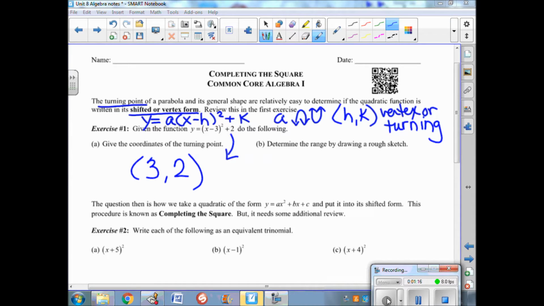Or in other words, from the parent function, our parabola is going to be shifted to the right 3 and up 2. So this serves a couple of purposes. That's our turning point or our vertex, depending on the terminology that you use. We also talked about that number there, the x value, is also the axis of symmetry.